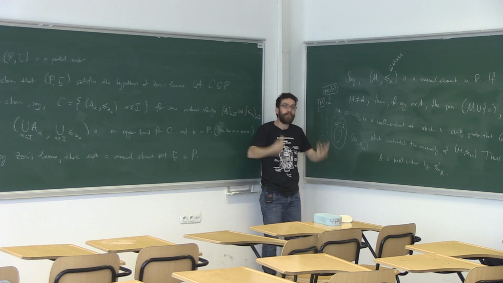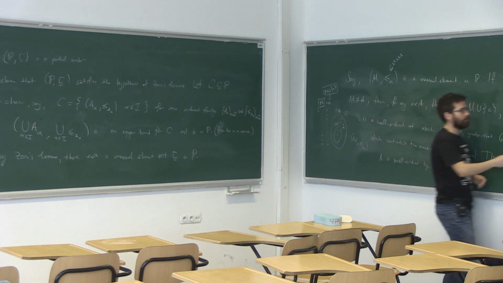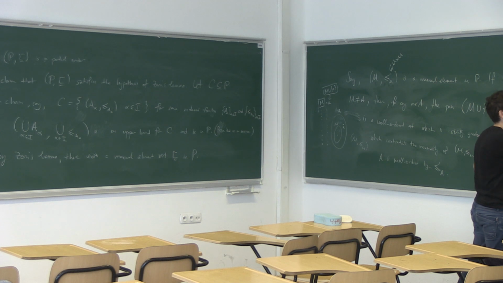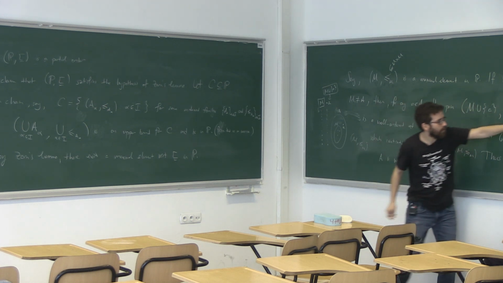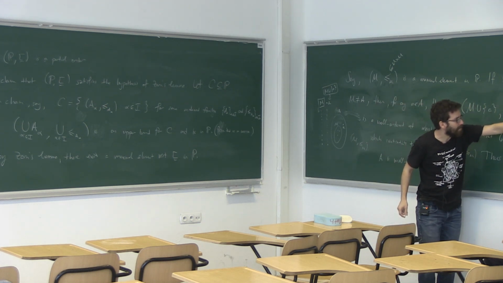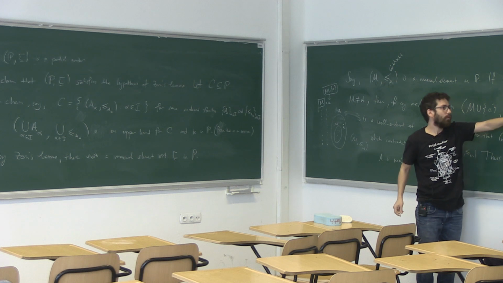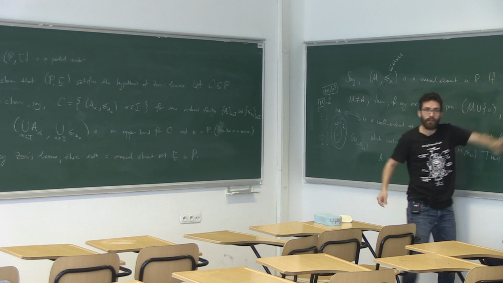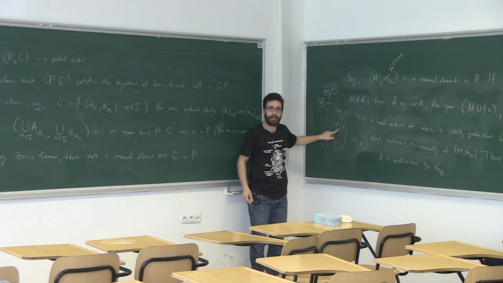So I'm just defining a new relation where I can compare them. And I have to add something here actually. This is supposed to be M union A. I'm just saying that I'm defining this new element to be greater than or equal to all the elements. So I'm adding this as a maximal element.